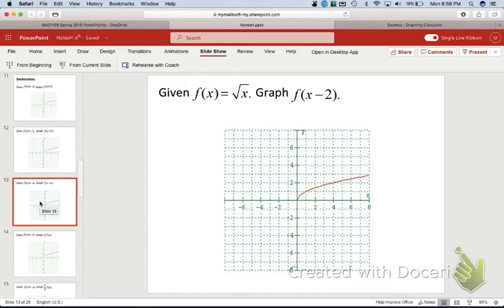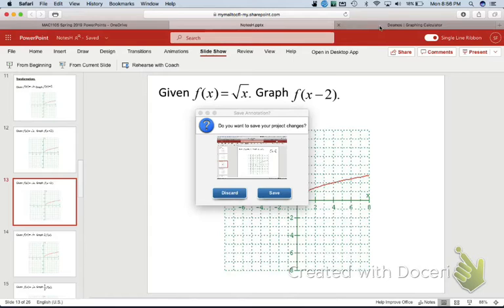If you guess that it's going to move it to the right 2, thumbs up. So we are looking at taking our parent function, the square root of x, and we are looking at now the function, the square root of x minus 2, with that entire x minus 2 underneath my square root. It is going to move to the right 2.